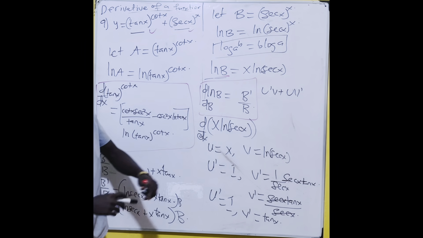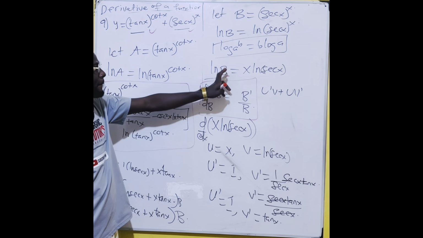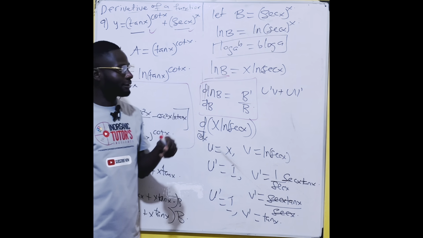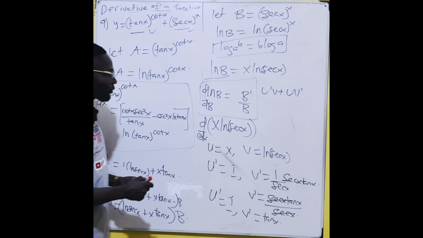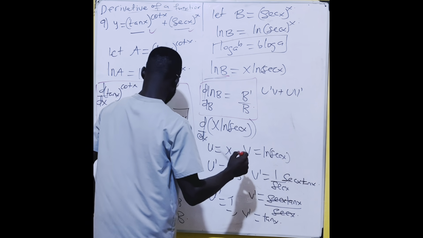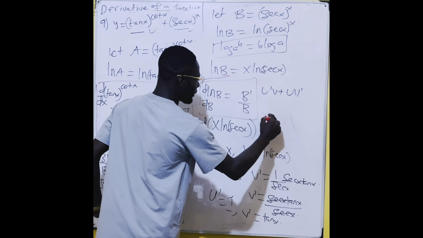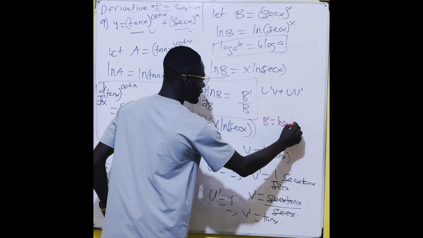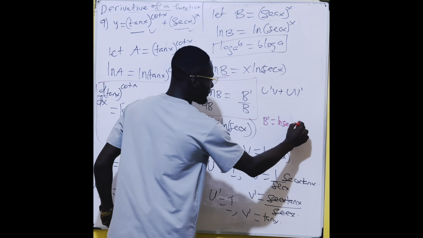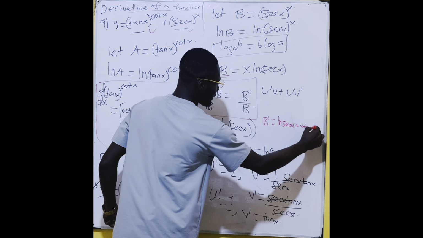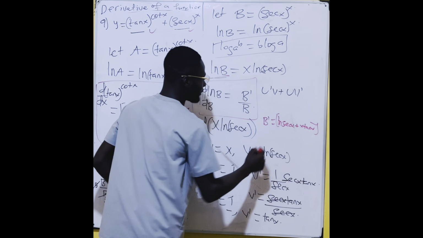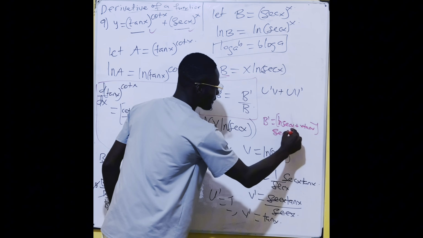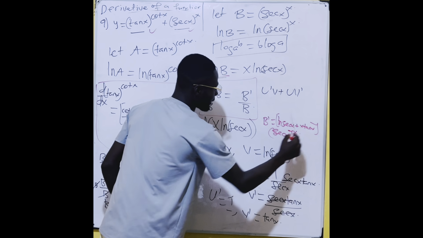But from the beginning, we said that b should be equal to sec x to the power x. So we say that we have b prime to be equal to ln sec x plus x tan x multiplied by b, which is sec x to the power x.